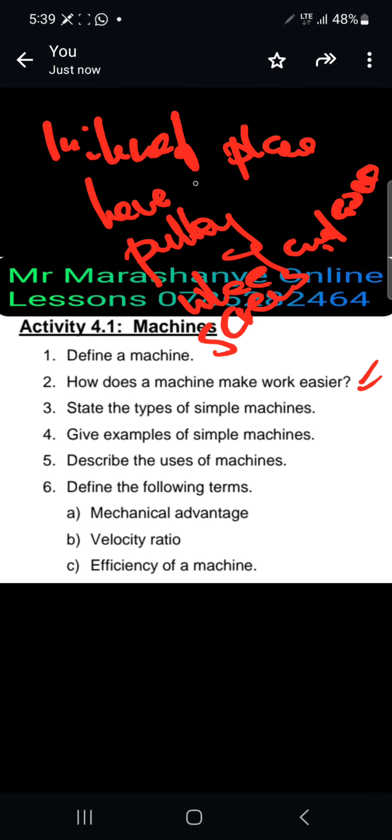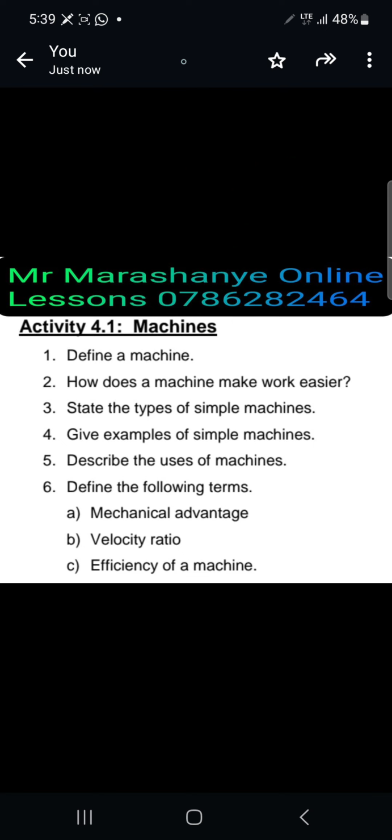That's all. These are examples of a machine. Moving on to the next question.